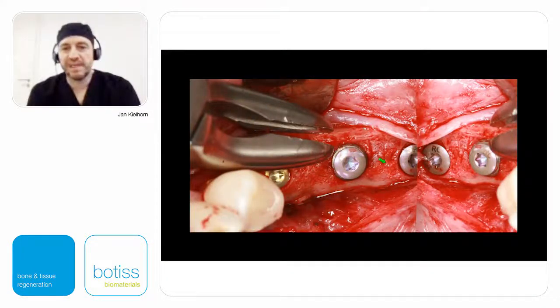So you see here now the result that we have, starting from a gap out of nothing. We restored a nice cortical bone, so we restored the cortical outside and we restored the autogenous inside.